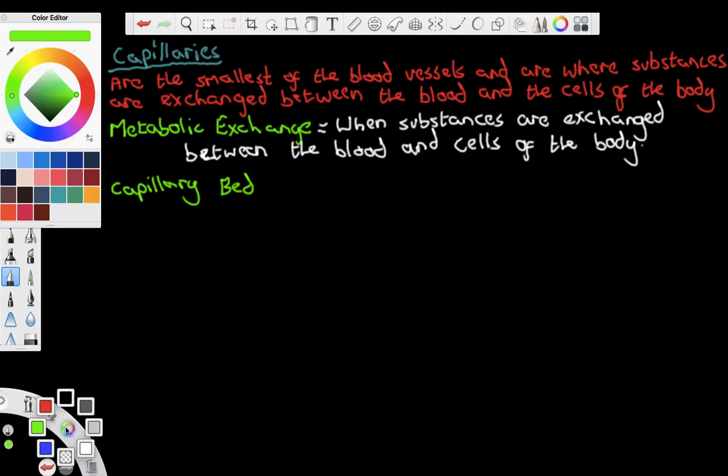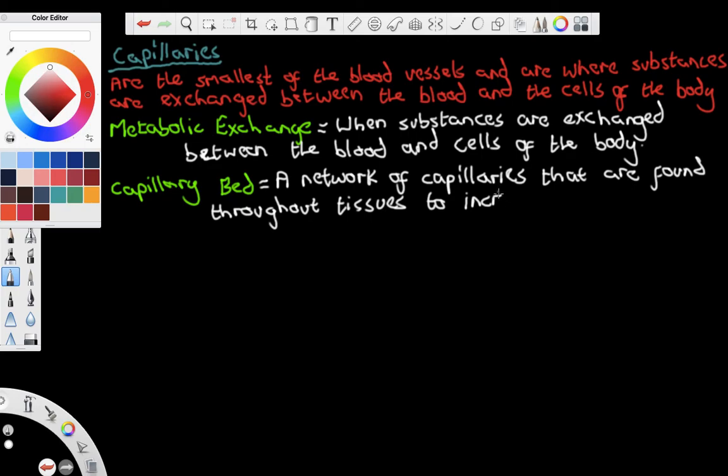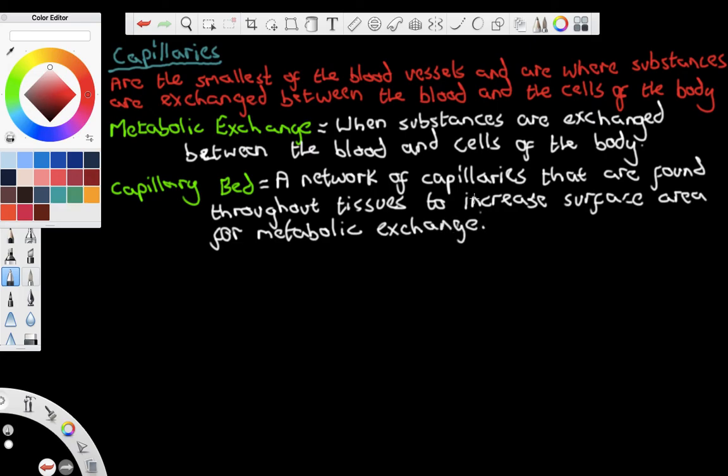A capillary bed is a network of capillaries that are found throughout tissues to increase surface area for metabolic exchange.